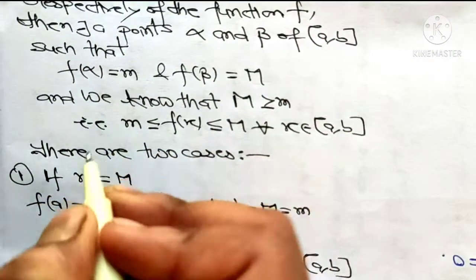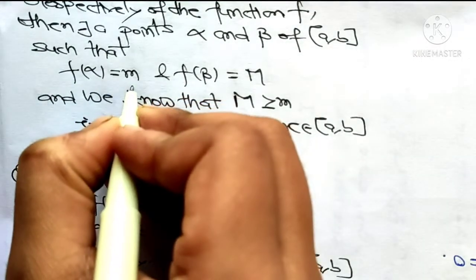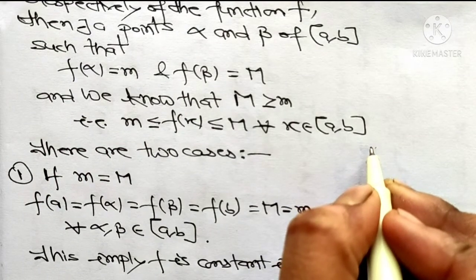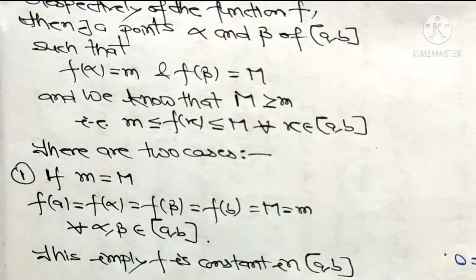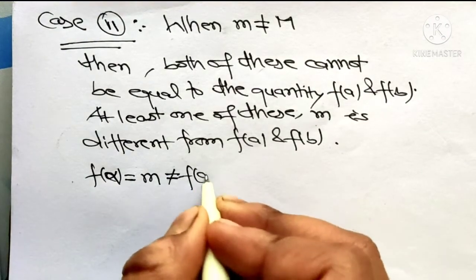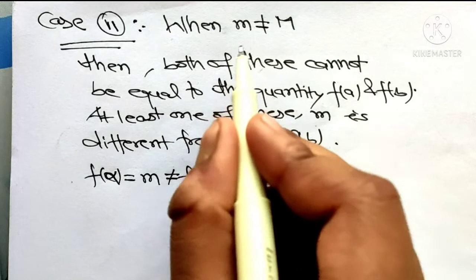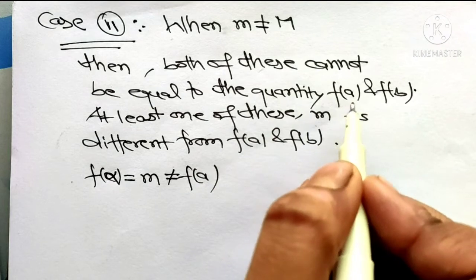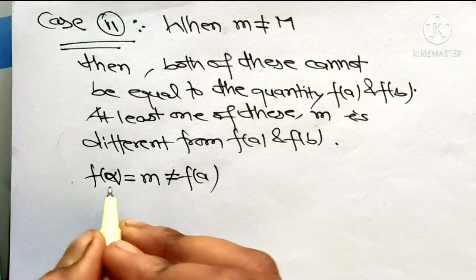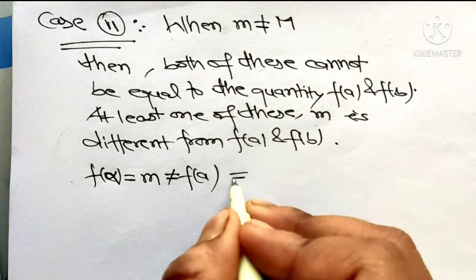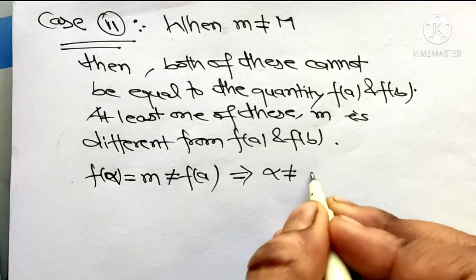In case 1 we just assume that f of alpha is equal to m, that is, if alpha is any point in the closed interval [a, b], then f of alpha is equal to the infimum. So here we assume that f of alpha is equal to m, which is not equal to f of a, because we discussed that if m is not equal to capital M, then this quantity is not equal to either f of a or f of b. So let us suppose that f of alpha is equal to small m, which is not equal to f of a, which implies that alpha is not equal to a.